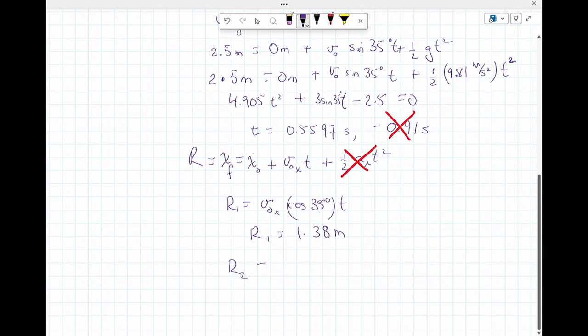R2 is equal to R1 minus the cart length. And that will equal 0.625.